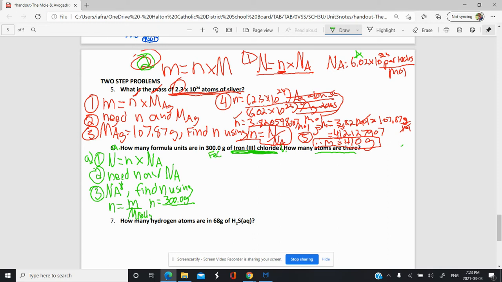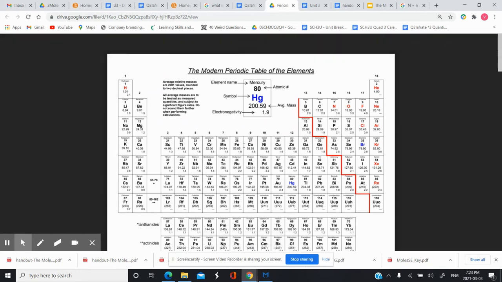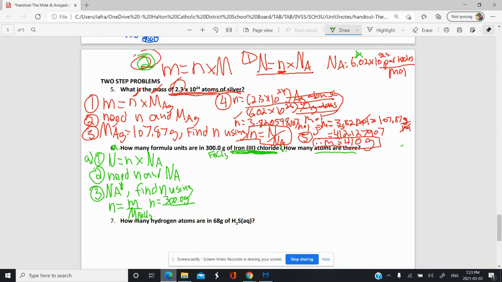That's FeCl3. If we did the molar mass of iron 3 chloride, so chlorine is 35.45 times 3 plus iron. Let's go see iron. So chlorine, let's just make sure, 35.45, 55.85. There's only one of them. That's going to be over 162.2. So 162.2 grams per mole.